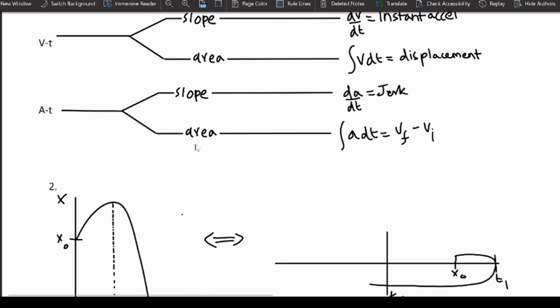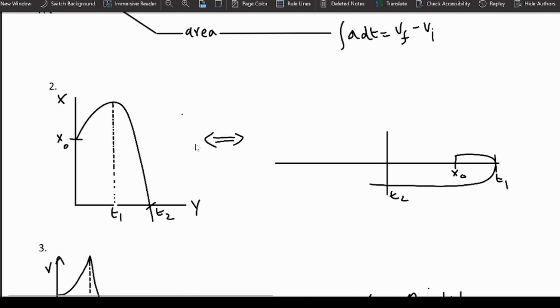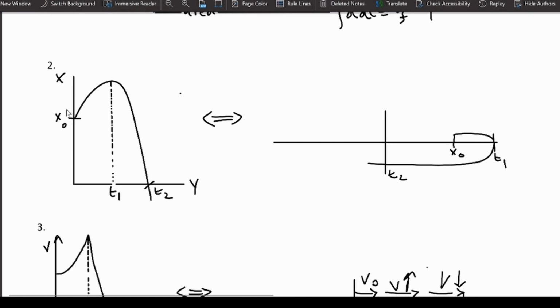So in this second example, we have a graph given where the particle starts its motion from point x naught and goes up and comes down, and the velocity becomes zero at time t equal to t2.